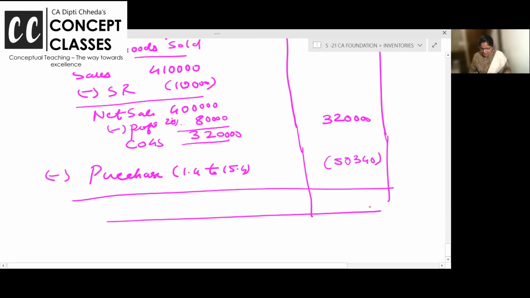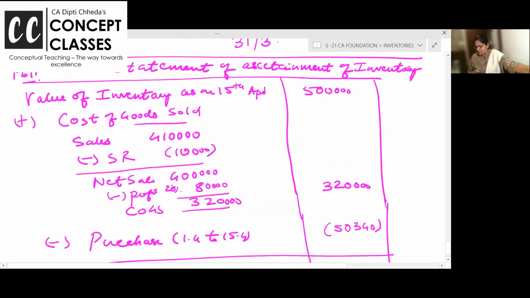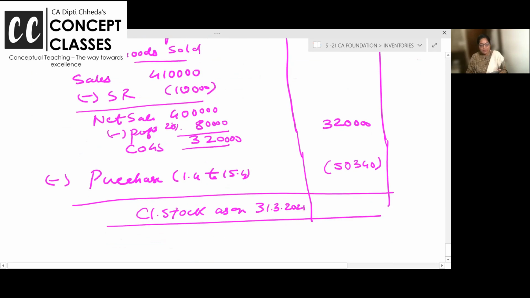Now what you get is the correct closing stock as on 31st March 2021. Closing stock as on 31st March 2021. 769,660. 769,660.